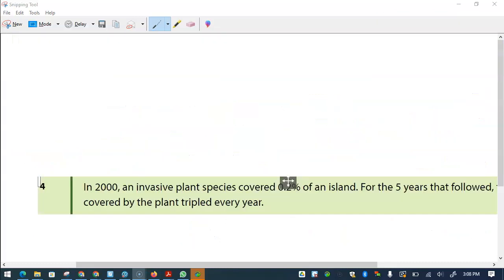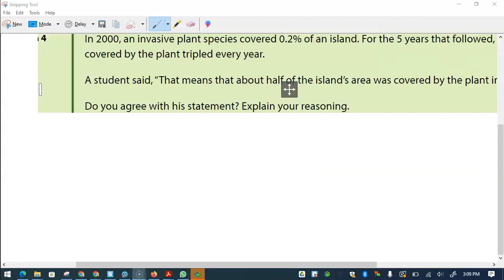Okay, the next question is about question number 4. In 2000, an invasive plant species covered 0.2% of an island. For the 5 years that followed, the area covered by the plant tripled every year. You can pause this video for a moment and check if you can do it yourself.